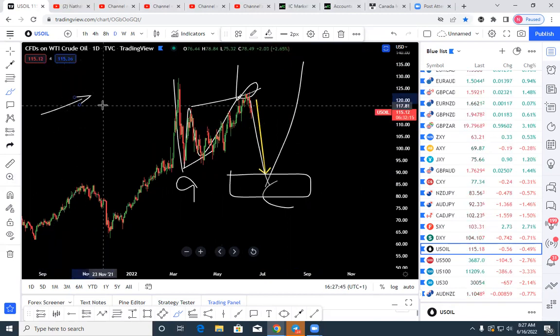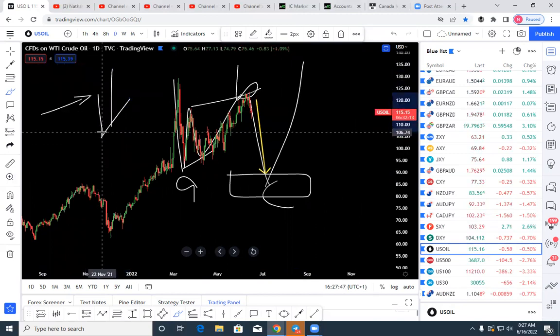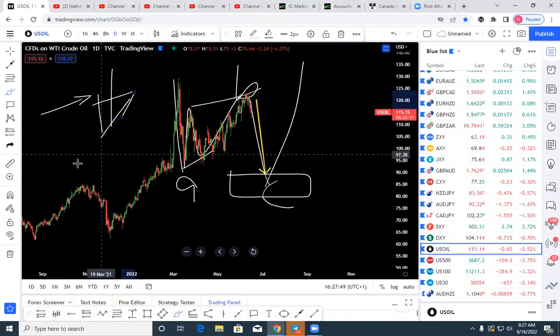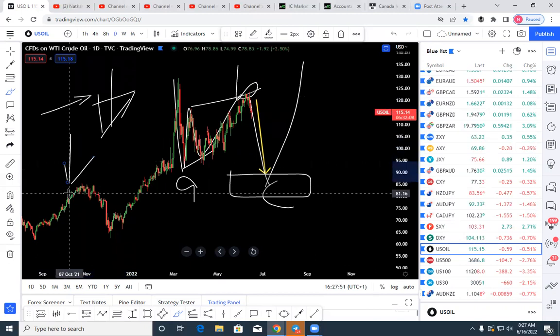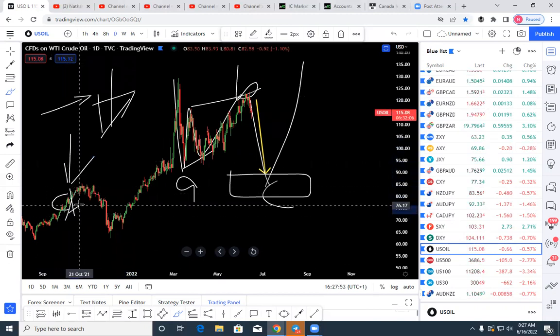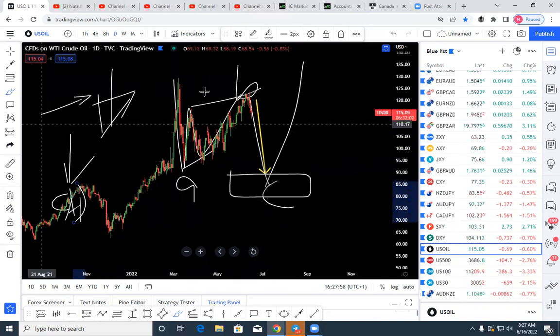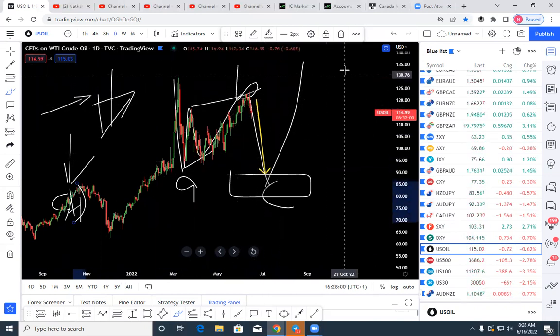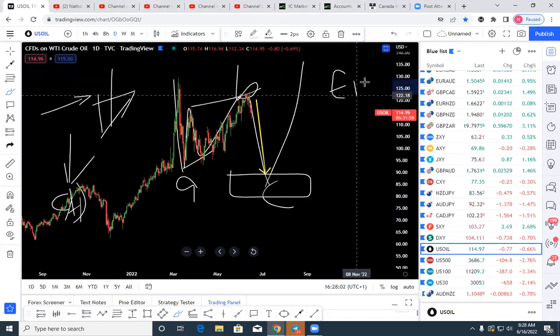So if that is the case, weakness or sell-off in crude means weakness of CAD. So if CAD is expected to weaken, all I have to do is check Euro GBP.